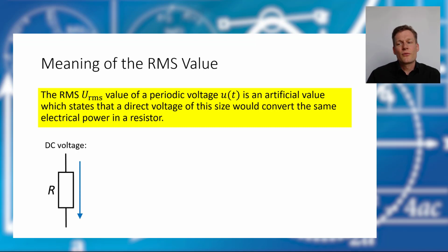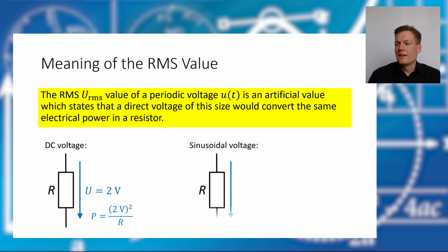So if we have a DC voltage of, let's say, 2 volt, then we could calculate the electric power here with this equation, (2 volt) squared divided by R. And if we had a sinusoidal voltage here, I take a sinusoidal voltage with the amplitude square root of 2 times 2 volt.